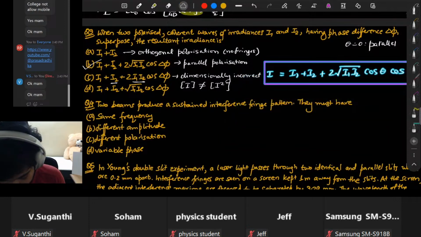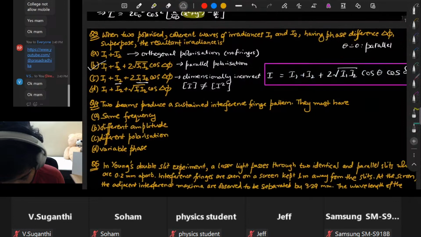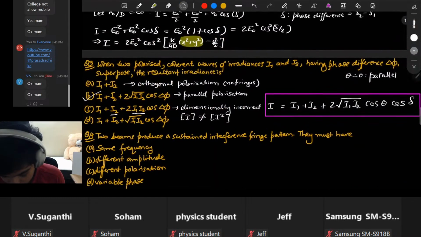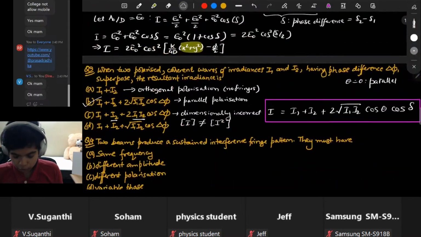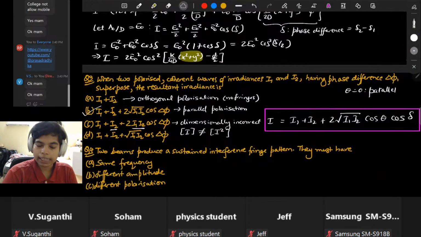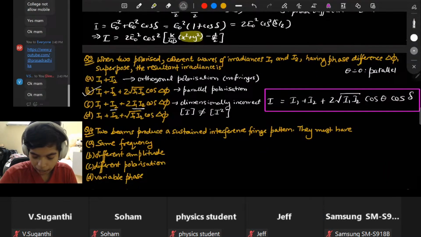Yeah, so this is the most general expression for intensity. And from this, you can figure out all kinds of special cases.